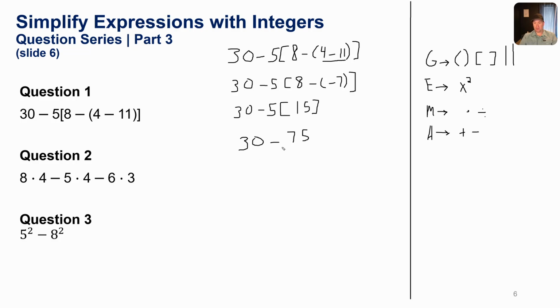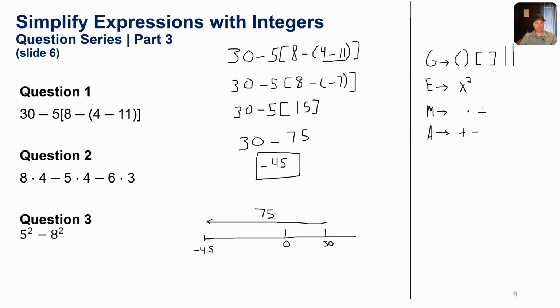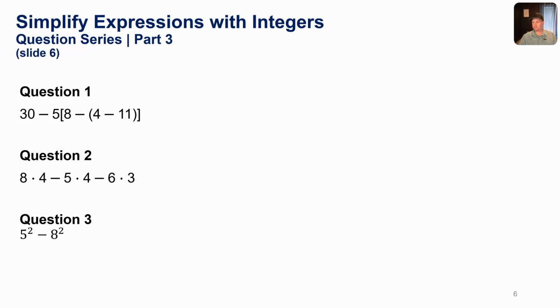Now from here, 30 minus 75, if I think about it on the number line and money, you have $30 and you spend $75 of that. So where you end up is at a negative 45. So negative 45 is my result.